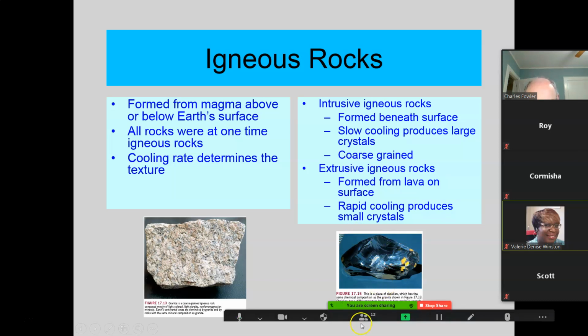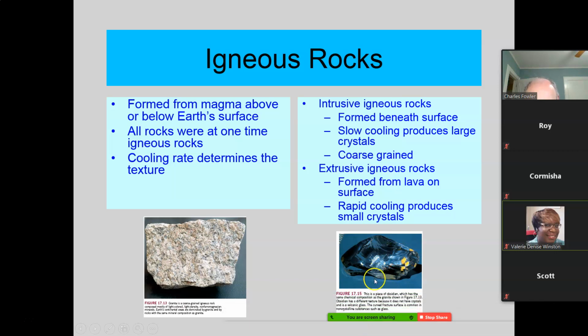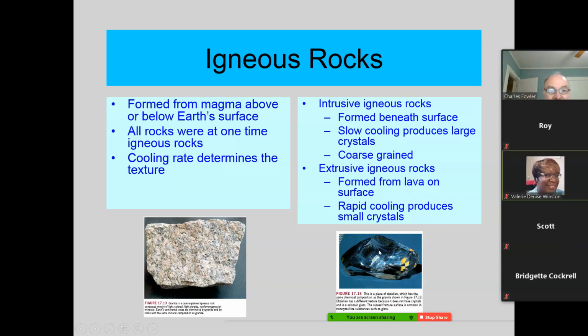It's called a volcanic glass. The curved surface is common to non-crystalline surfaces such as glass. So obsidian is not a mineral because it doesn't have the crystal structure. It is a rock because it's made out of the same material, but it's a solid.